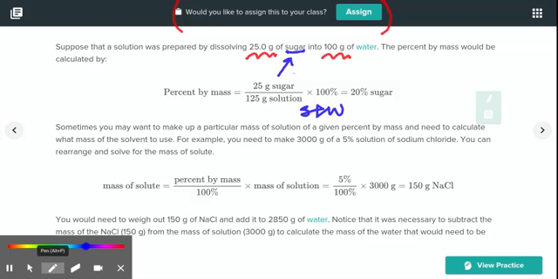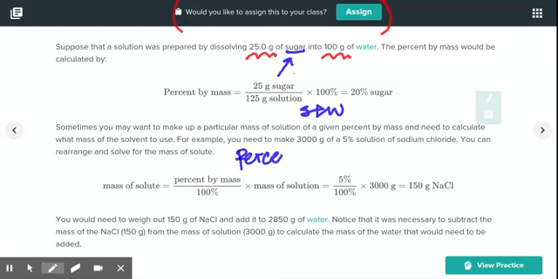Our original equation is percent equals mass of solute, which we don't know, over the mass of solution, which is 3,000 grams.